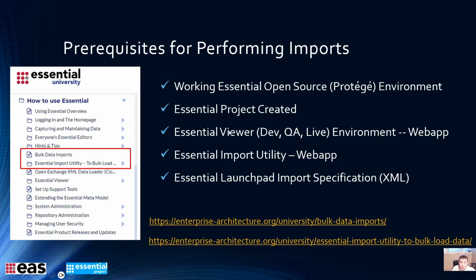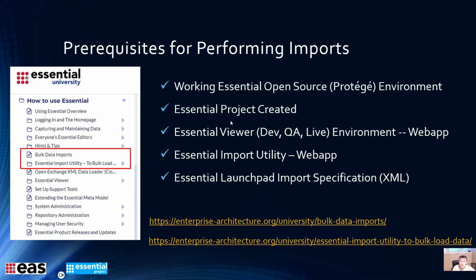For the prerequisites so that you can perform the import activity, please ensure all of these are ready. First, you must have the open source Protege environment ready, up and running. If not yet, please go back to my earlier video to download the package, install and configure it on your machine, both Java and Tomcat, and also the local Protege and the remote server.